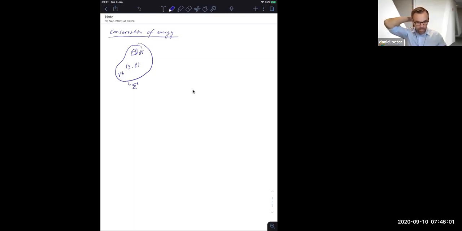So energy, let's look a bit at the different energies that we have. And the first one is kinetic energy. You probably know from classic physics how you define kinetic energy.